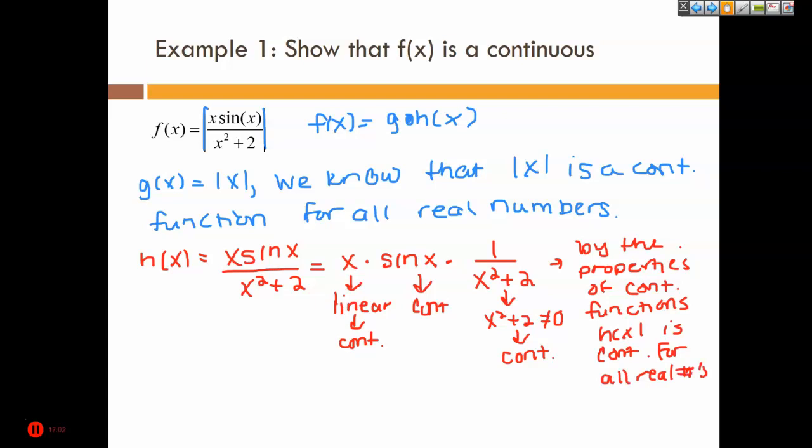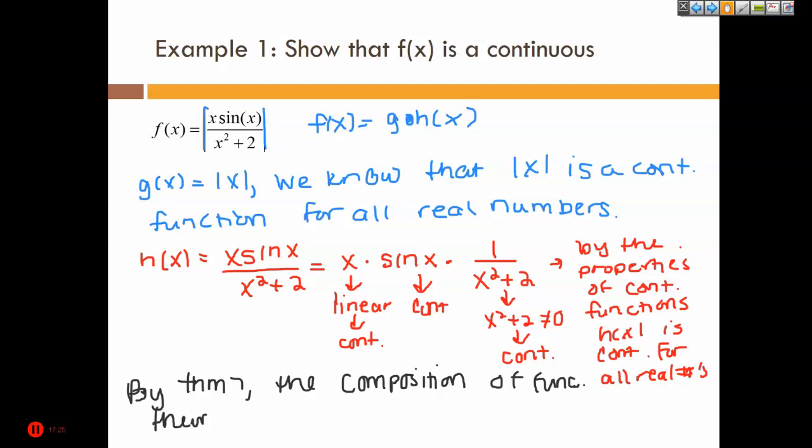And by Theorem 7, the composition of functions, f of x equal to g of h of x, is continuous.